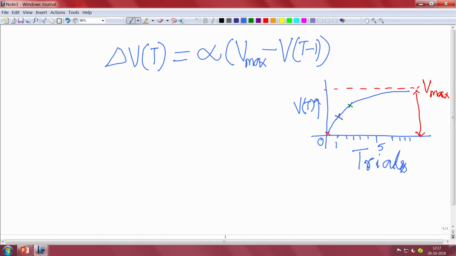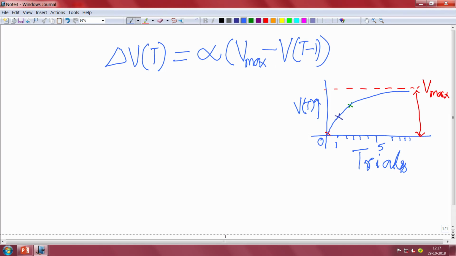When I said that, you may feel like, oh, what is he doing, I am contradicting my own statement, because I said V max is the maximum response. Now suddenly how can there be a V t, a response, that is greater than V max? Remember, V max is the maximum response for a given US.